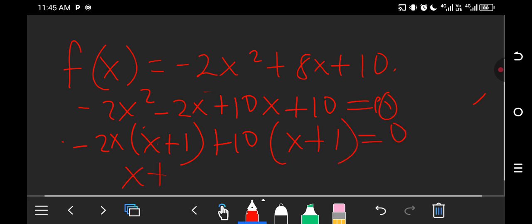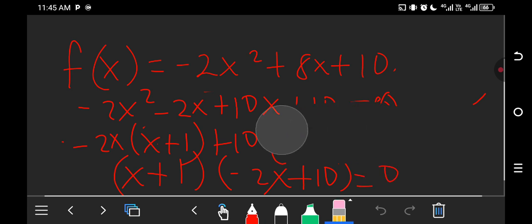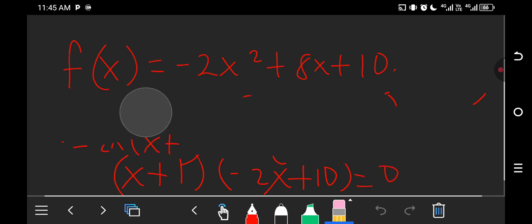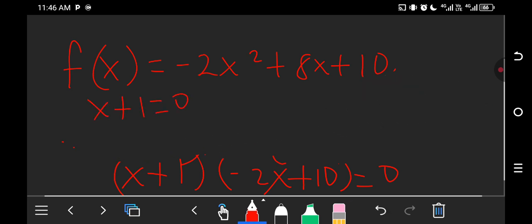Then I can group this. I'll say x plus 1, then negative 2x plus 10 is equal to 0. I can now solve these two simple equations. x plus 1 is equal to 0, so I'll get x is equal to negative 1.